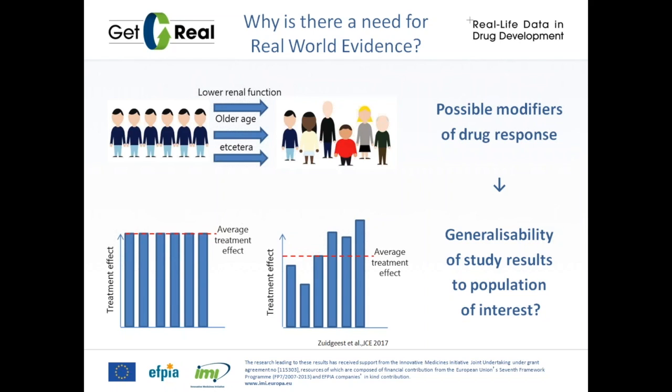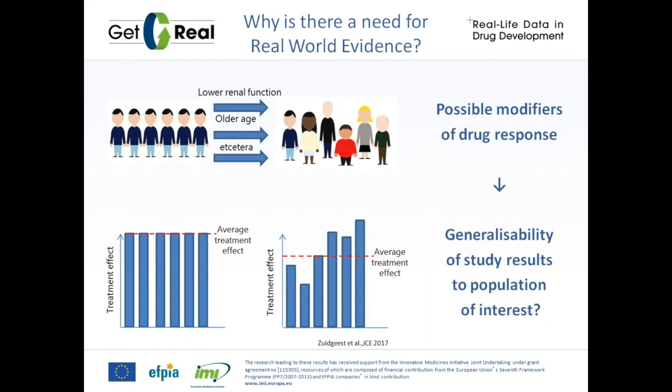And in real life, the patients to which the results are going to be applied might differ in many ways, like being older, having a different liver or renal function, all of which may modify the response to the drug, be it the benefits or the risks.